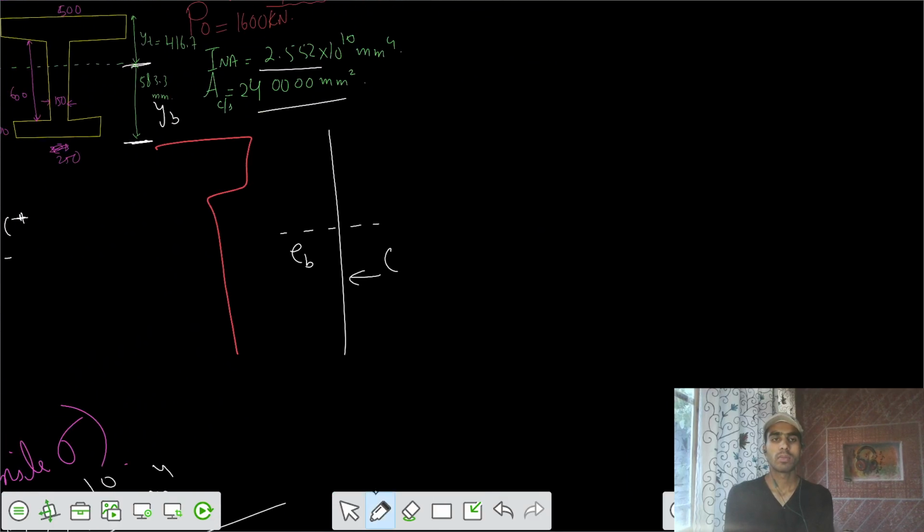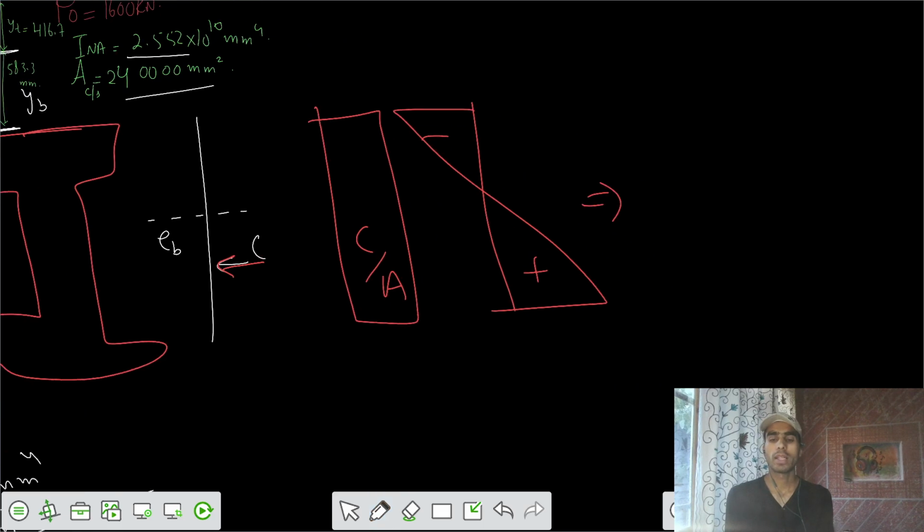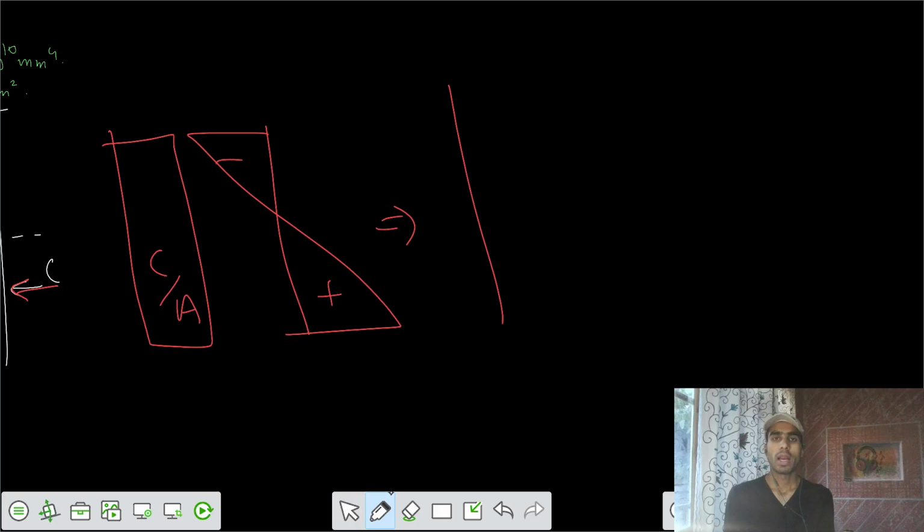I would say there is some general cross section, and because of this, if the C force was below the neutral axis, one stress would be C by A, and the other stress would be top tensile, bottom compressive. And finally, I want no tensile stress anywhere. That means even at the top fiber, I want that tensile stress to be 0.